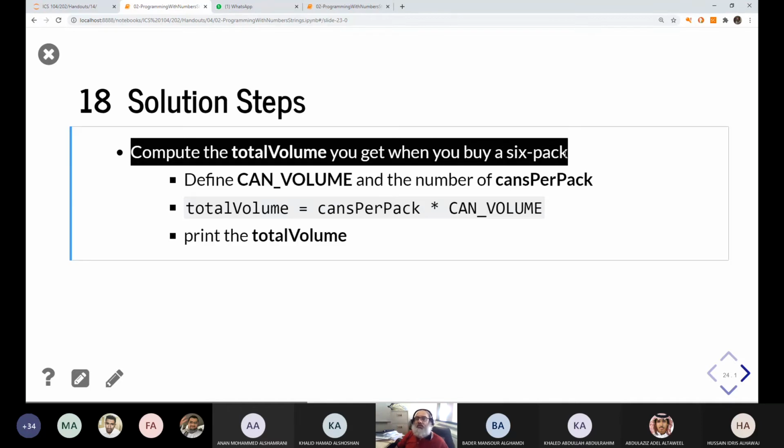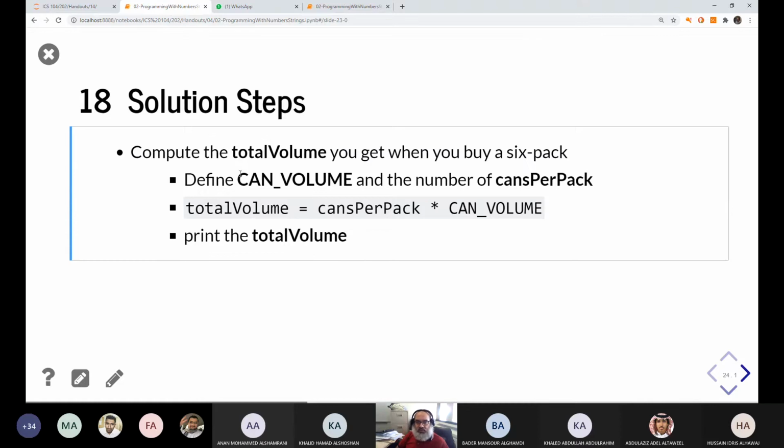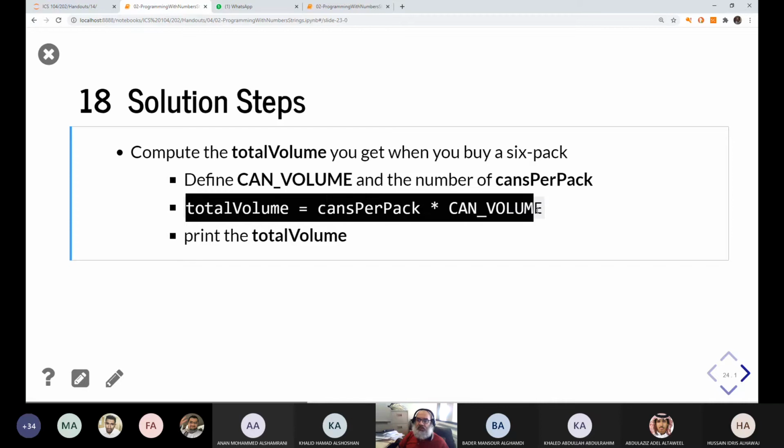Right. How do we find the total volume? Well, we need to find the one can volume, so we are going to store it in can volume. And we need to define how many cans in a pack, and this will be in cans per pack. And then we are left with just computing the total volume to be cans per pack multiplied by can volume. And finally, we print the total volume.